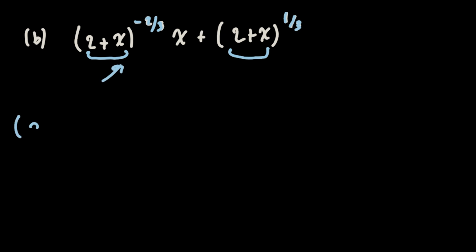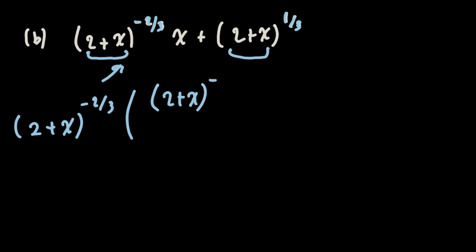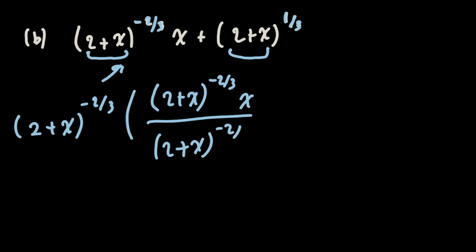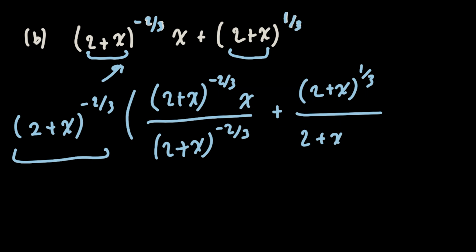So we'll just write 2 plus x all to the power minus 2 over 3, and that would be multiplied by, if we take it, the remaining part would be x over 2 plus x all to the power minus 2 over 3, plus 2 plus x all to the power 1 over 3 divided by this part here, which is 2 plus x all to the power minus 2 over 3.